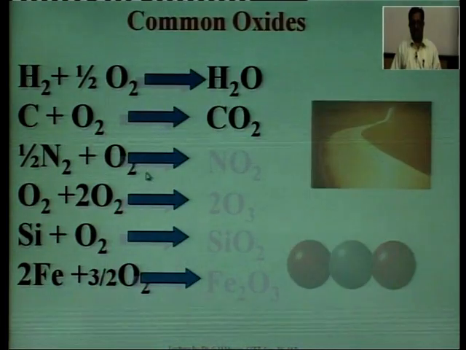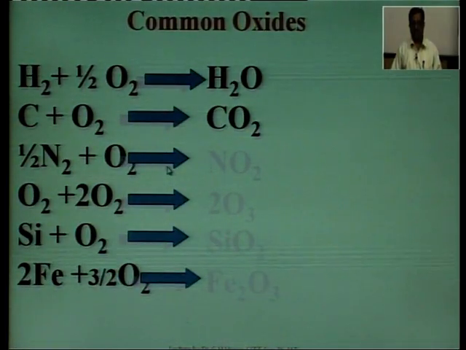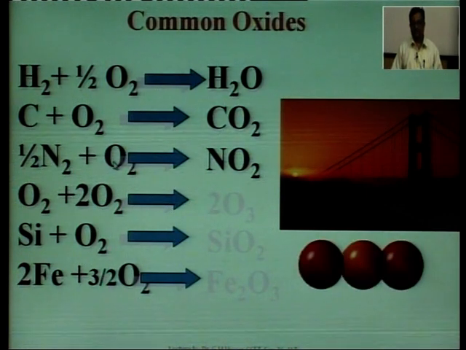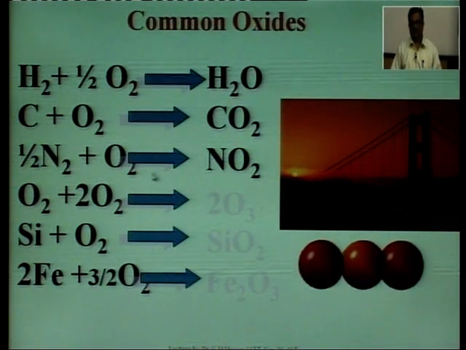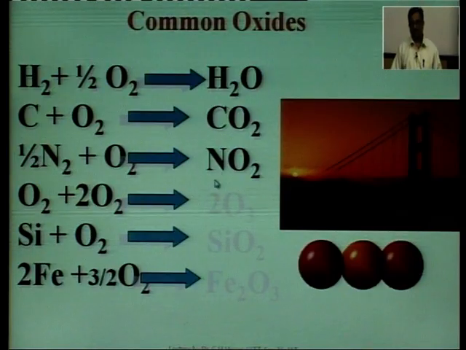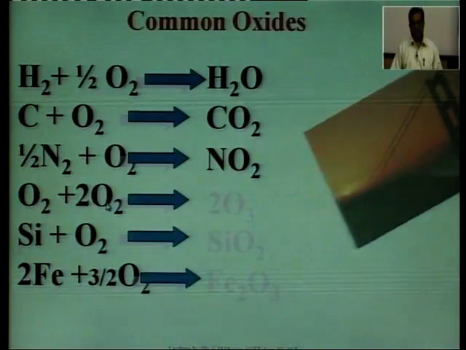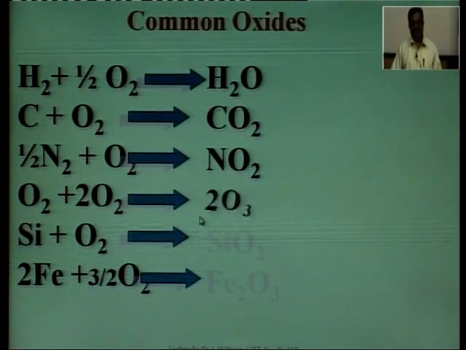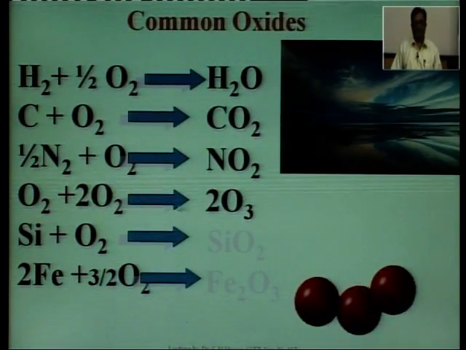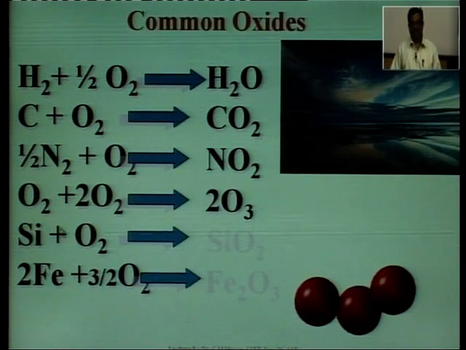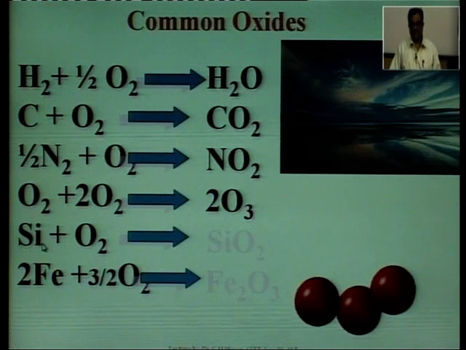Similarly, you can understand the other oxides. Nitrogen gains oxygen to form nitrogen dioxide, it gets oxidized to nitrogen dioxide. Oxygen gets converted into ozone in the atmosphere. That is also a process wherein oxygen is undergoing oxidation.